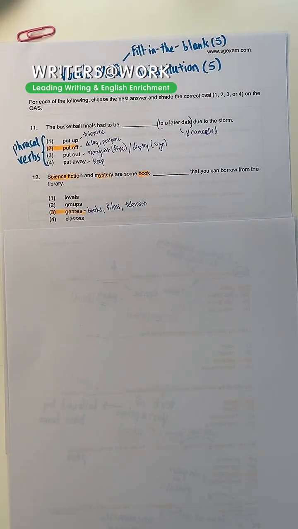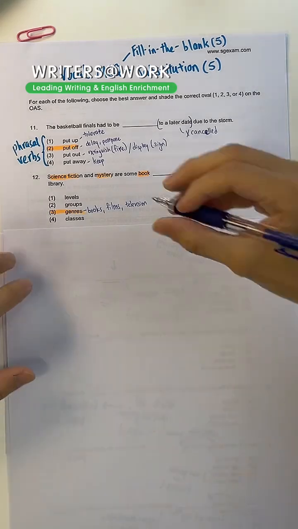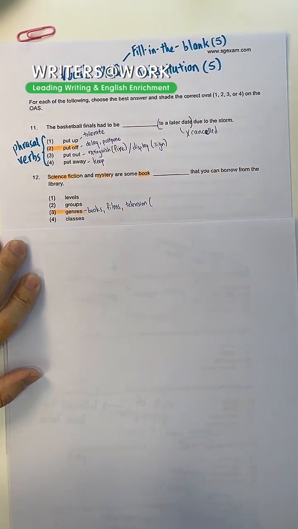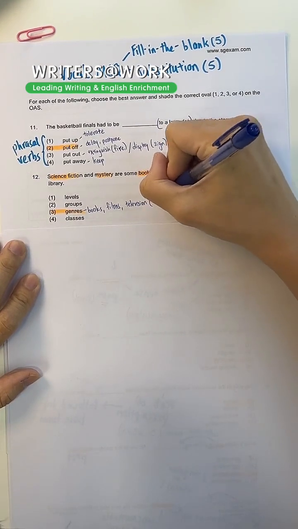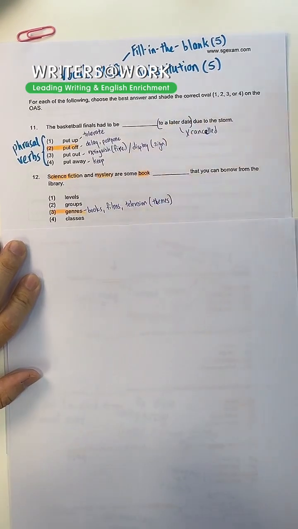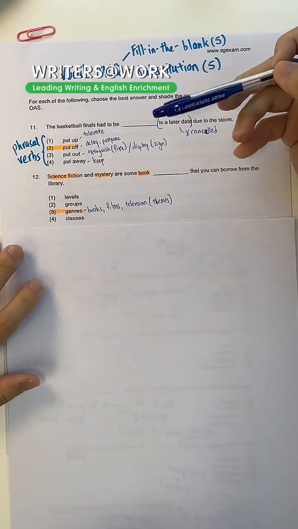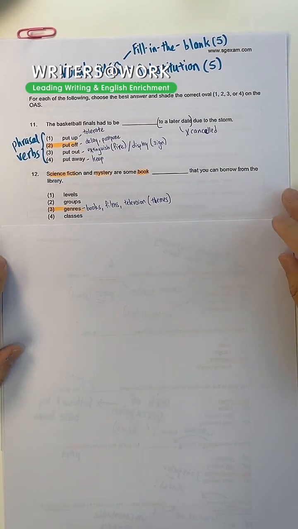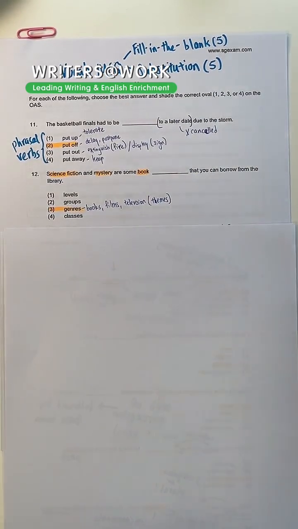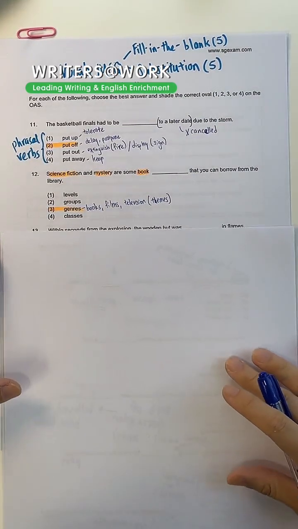Genres refers to a set of similar themes and concepts that are commonly brought about in these mediums. For example, science fiction, mystery, horror, comedy. Right, these are some genres that are pretty common across books, films, and television.